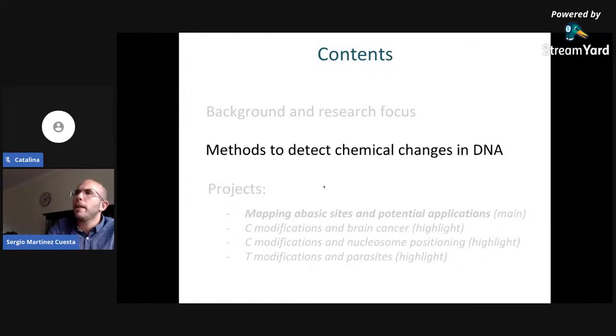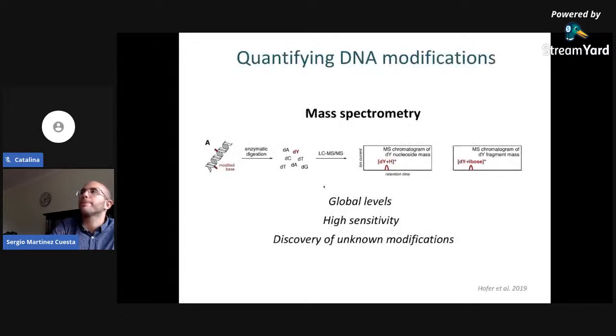So just briefly, in the next few minutes, I'm going to tell you about the different methods that are available to map modified bases. The first one is mass spectrometry. Very simply, you isolate DNA from a cell, you digest it into the individual nucleotides, and then you run that through a liquid chromatograph followed by tandem mass spectrometry.